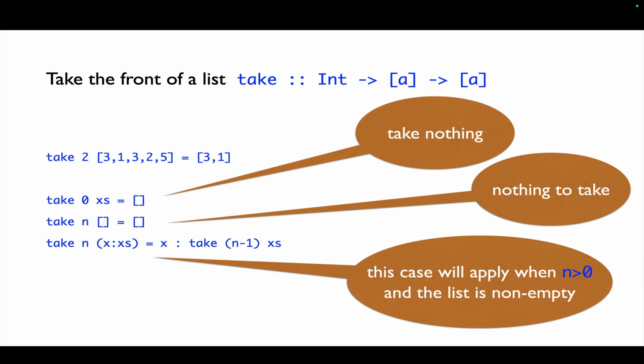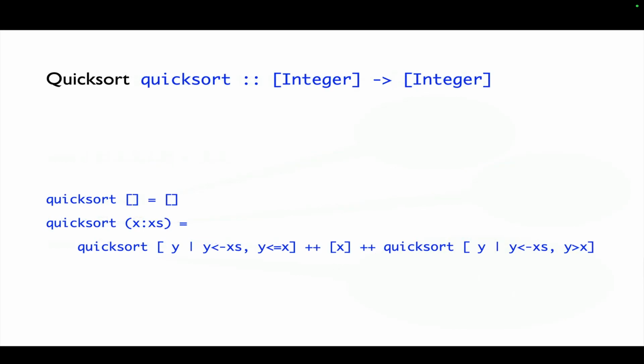We both take one off the number and we take one element off the list, because we're going down in lockstep until we hit 0. So the way this works is if we're asked to take 10 from the list 1, 3, 2, 5, we would get the whole list. So it takes as many as it can from the specified number. But if we hit the second clause, we will return an empty list because there's nothing else to return.